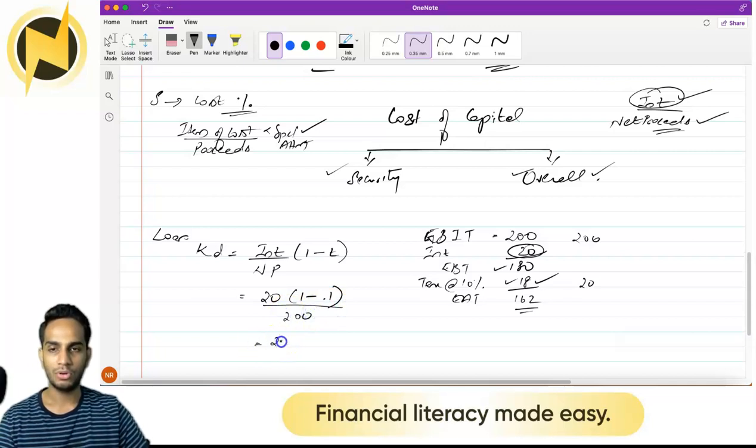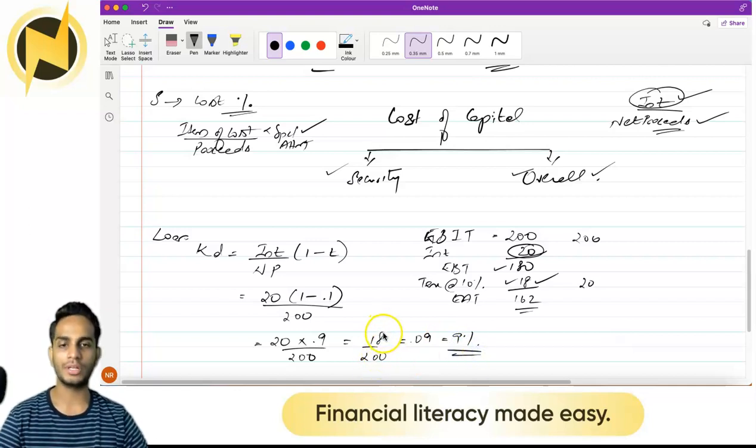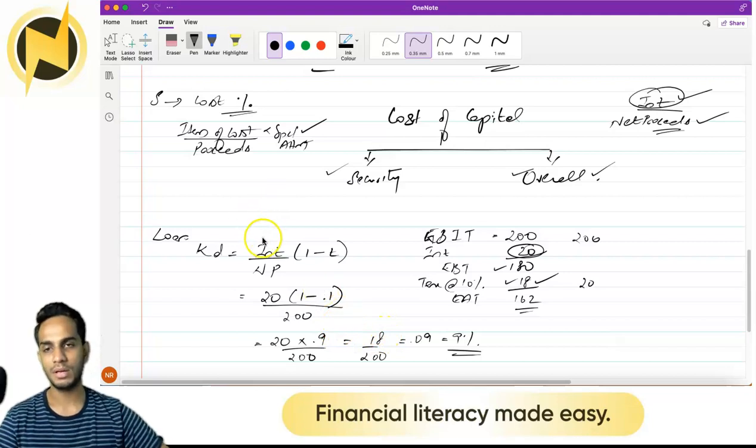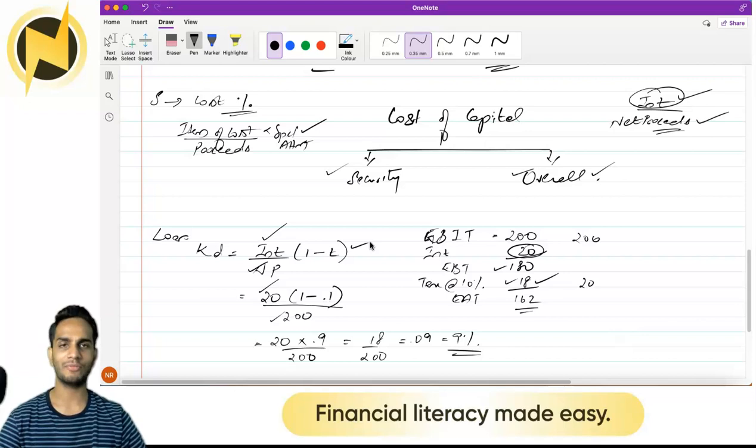So 20 into 0.9 divided by 200 gives 18 by 200, which is 0.09, or 9%. So your cost of this loan is 9%. Remember: the cost component, interest, on top, divided by whatever you are getting from that loan, into 1 minus tax rate. Simple, right? Very simple.